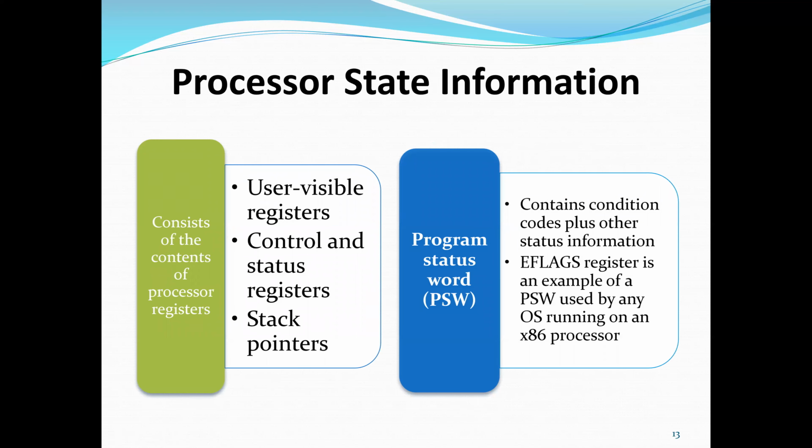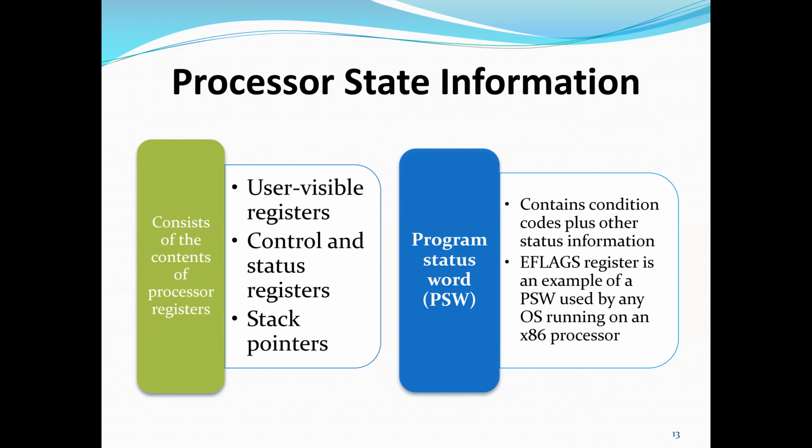Next is the process state information. Normally the process state information consists of the content of the process registers. While a process is running, of course, the information is in the registers. When a process is interrupted, all of this register information must be saved so that it can be restored when the process resumes execution.